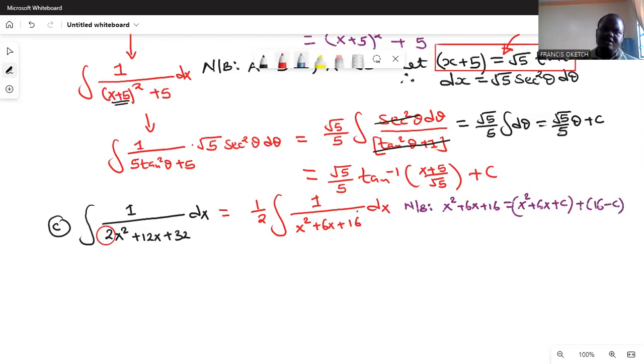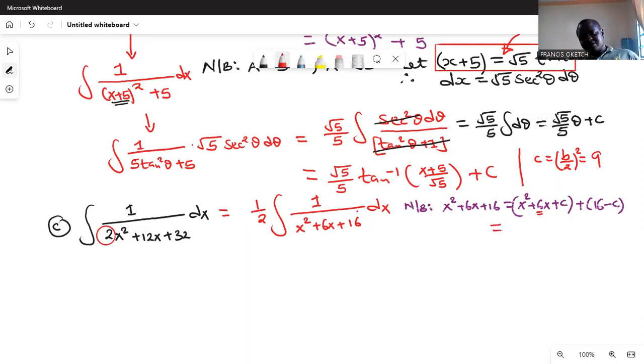How do we find c? Remember that the number c that we need is equal to b over 2, squared. The b here is the coefficient of x, which is 6. So 6 over 2 is 3. When you square that, you get 9. So our c is 9.